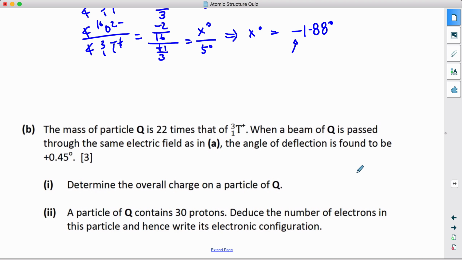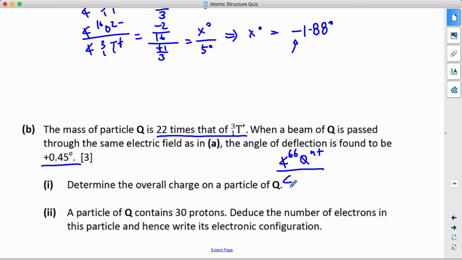You need to determine the overall charge of particle Q. They say the mass of particle Q is 22 times that of this, and its angle of deflection is plus 0.45. So I'm going to say angle of deflection of Q, the charge is n+. The mass number should be 66.